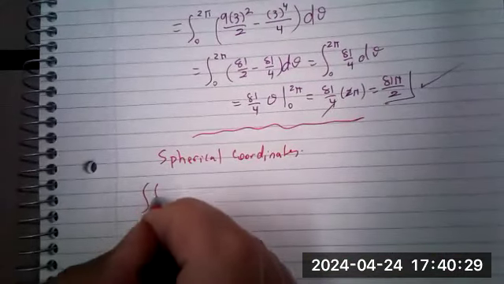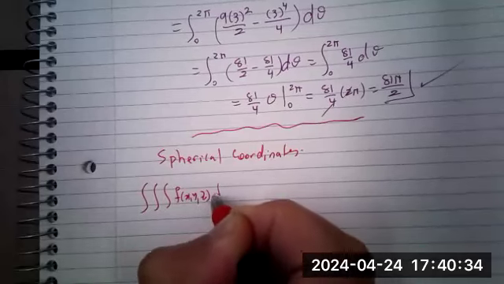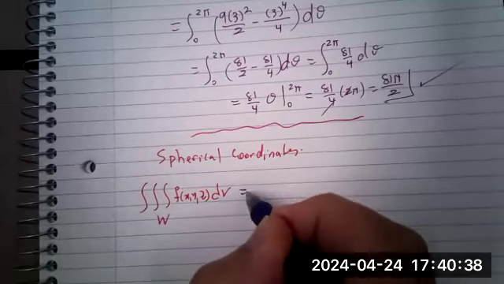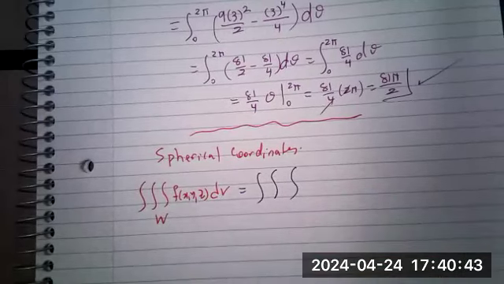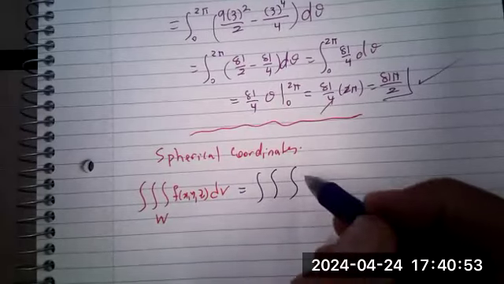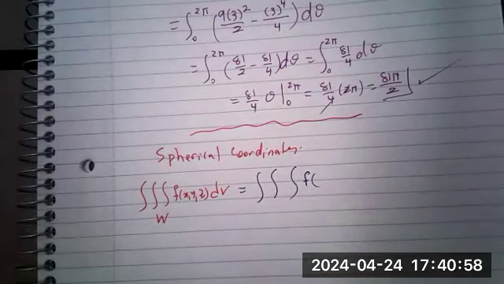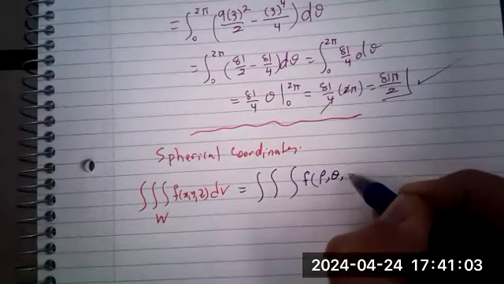Remember, you have this function to integrate, f of x, y, z, dV over the region W. What changes is the function, and it's like the polar coordinates: instead of r, we use rho, theta, and phi. We change the function from x, y, z into rho, theta, and phi.